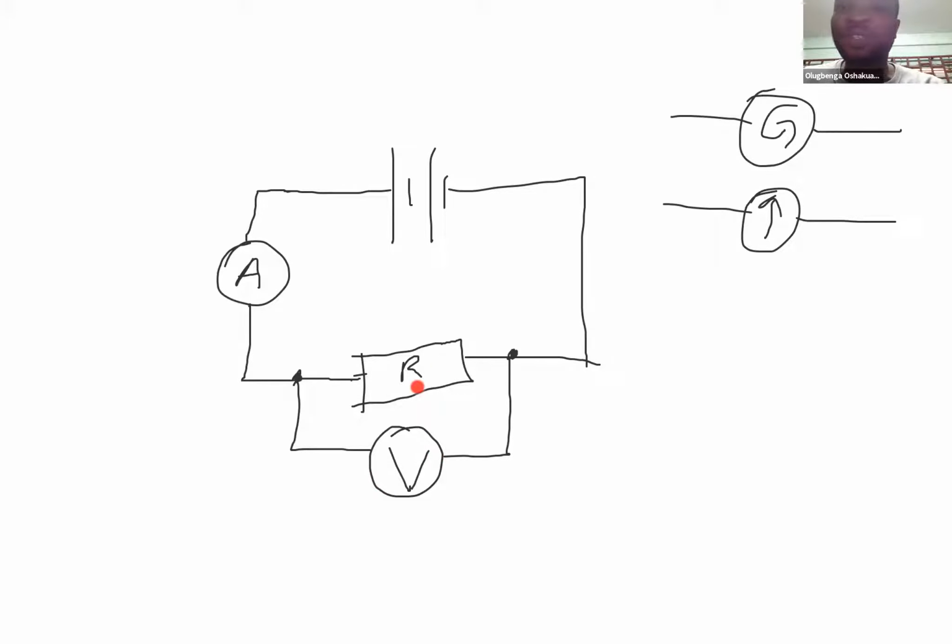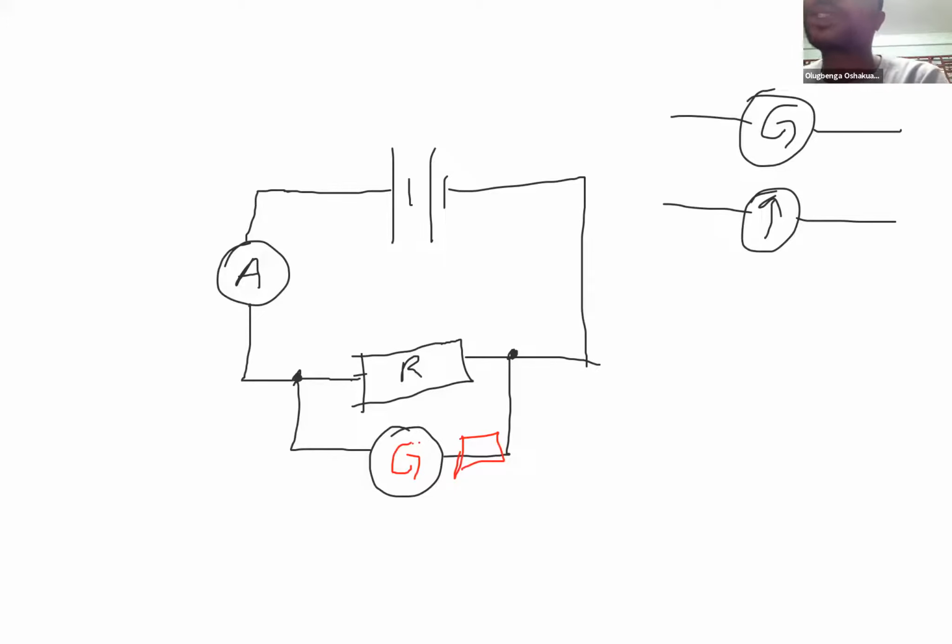That means we can replace this with a galvanometer, and also add another resistor so that it will limit the current that will flow through the galvanometer.